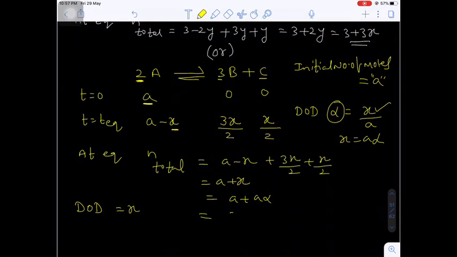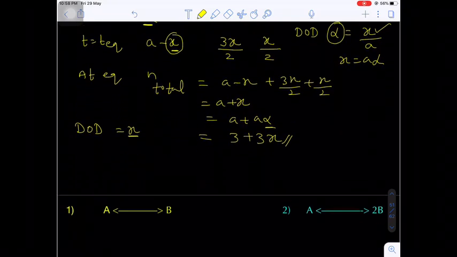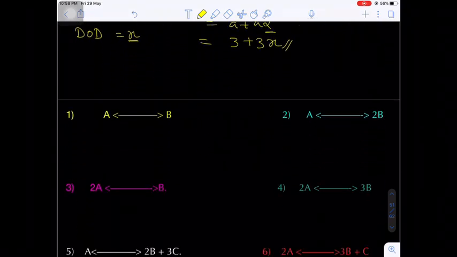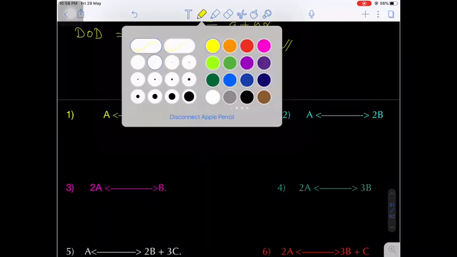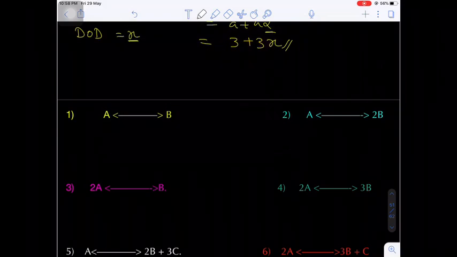Now here, what is the total number of moles given to you? 3 plus 3 into alpha. What is the degree of dissociation given in the question? X. So the answer again is 3 plus 3x. Remember, this x is different from the degree of dissociation. Now here we have some general examples of how to calculate the total number of moles at equilibrium.